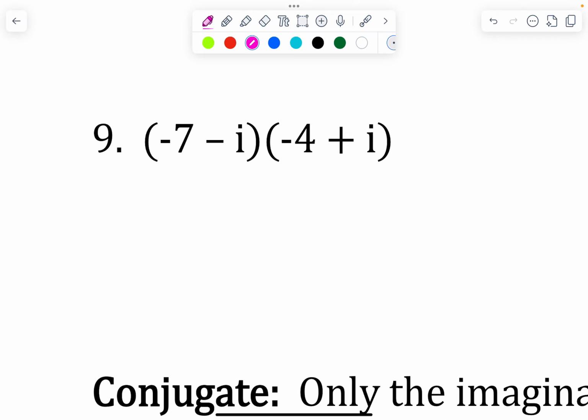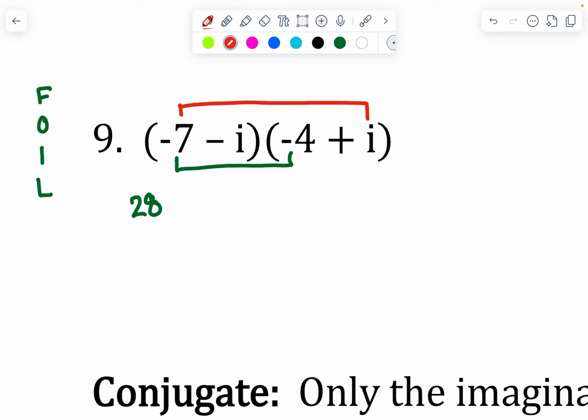Multiplying. You guys remember FOIL. First, outer, inner, last. So first, multiply it. That's a positive 28. Outer, negative 7 plus i. That's a negative 7 times a positive i. That's a negative 7i.